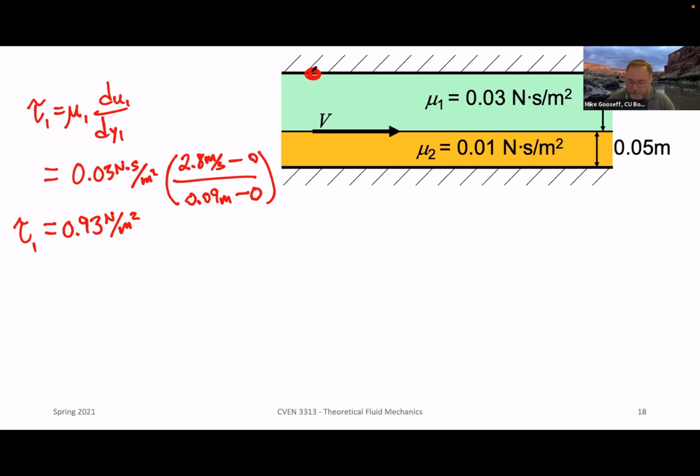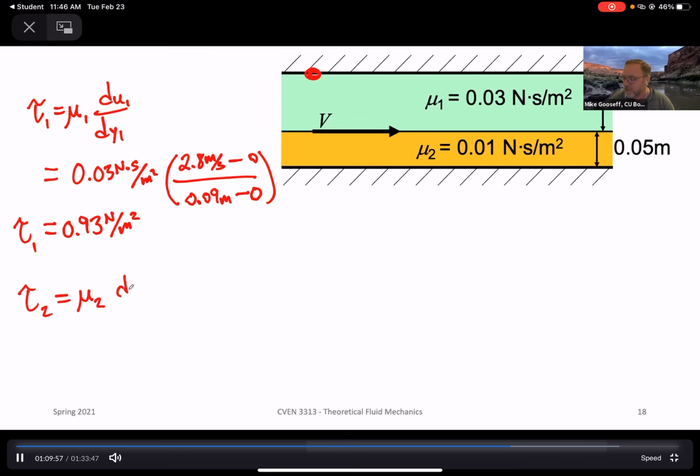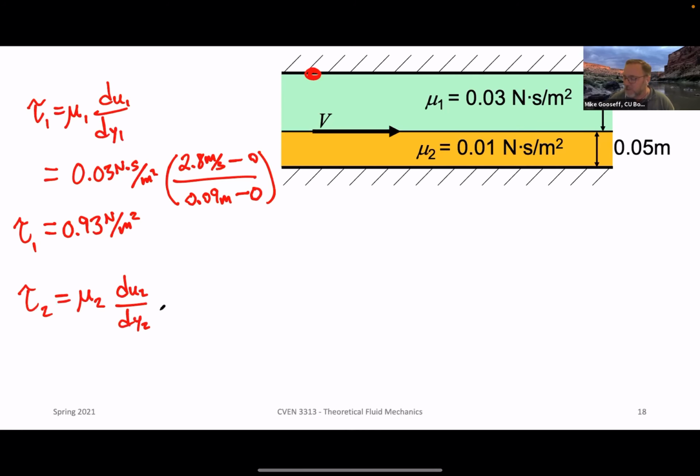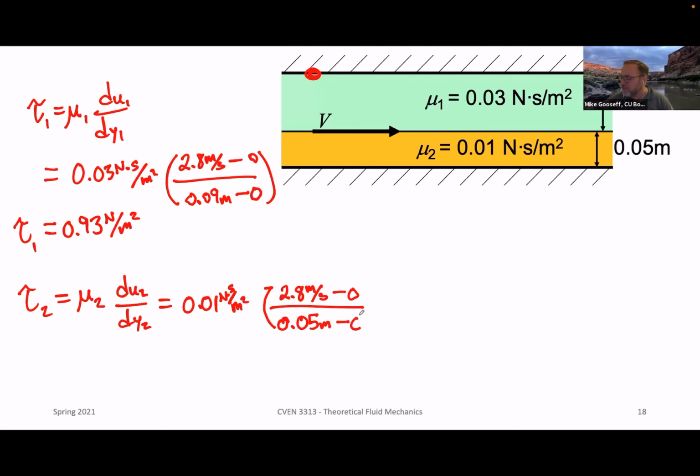the fixed one, very top. And then secondly, we figure out tau 2 is equal to, now we have mu 2, the dynamic viscosity of fluid number 2, times du2 dy2, and this is equal to 0.01 Newton seconds per meter squared, times, now we have a velocity distribution that goes from 2.8 meters per second to 0 over a distance of 0.05 meters or 5 centimeters, right?